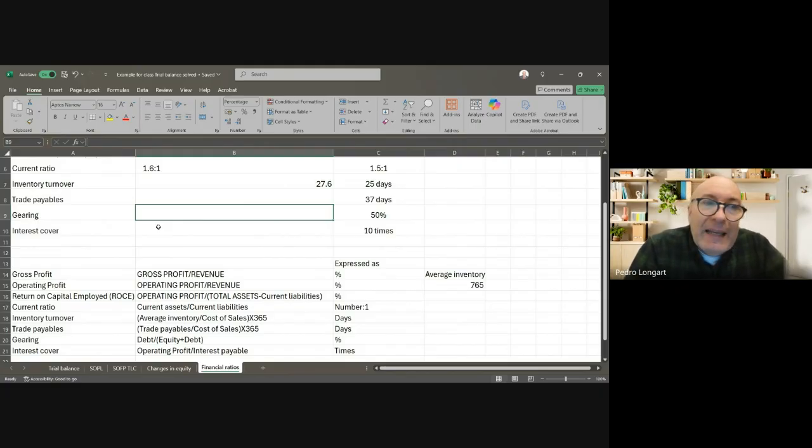What does it mean, highly geared? The Americans say highly leveraged. That means that they take a lot of debt. When debt is easy to get and the interest is low, many companies in the past, particularly private equity companies, actually got a lot of debt. They were financed massively by debt.